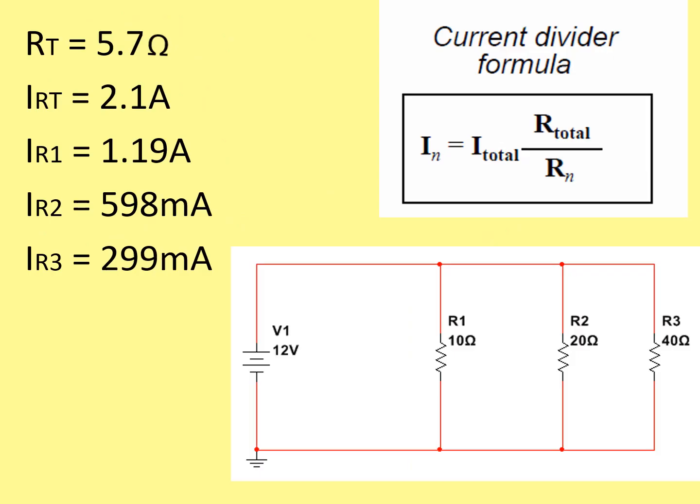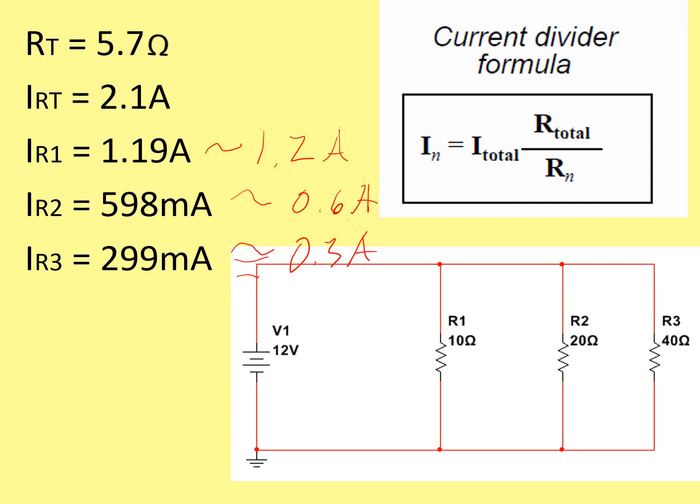Let's see if we got it right. Yeah, they just rounded it differently. That is approximately equal to 1.2 amps. That is approximately equal to 0.6 amps. And that is approximately equal to 0.3 amps.